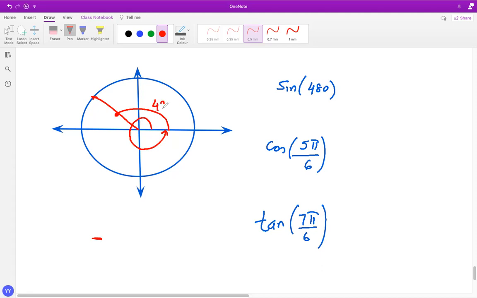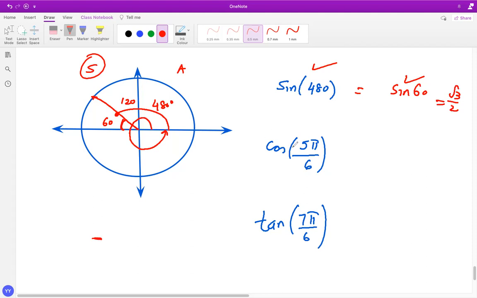Now the base angle is still 60 degrees, because this is 120 in short and this is 60. The sine of 480 blindly you can say is the same as sine 60. Now just check the sign. So ASTC, here sine is positive, so no worries. This is positive sine 60, which is √3/2.